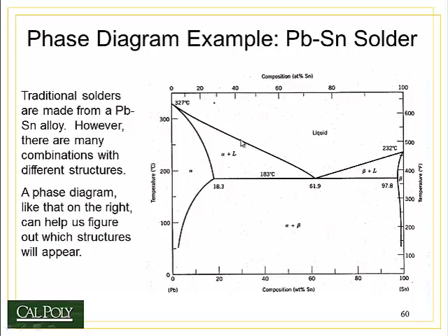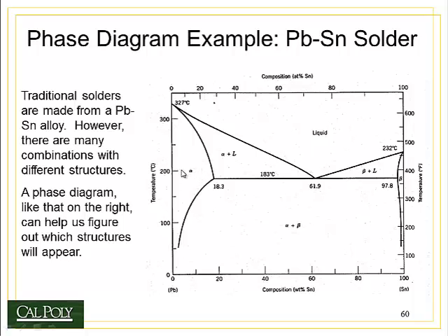But as I go to lower and lower amounts of tin, I have to go to higher and higher temperatures to have all liquid, all the way up to the melting point of pure lead, which is 327 degrees Celsius. Conversely, the melting temperature of pure tin is 232 degrees Celsius. And there's an almost perfectly straight line between 61.9% tin and 100% tin for the melting temperature of that alloy. So I have 100% liquid at these high temperatures.